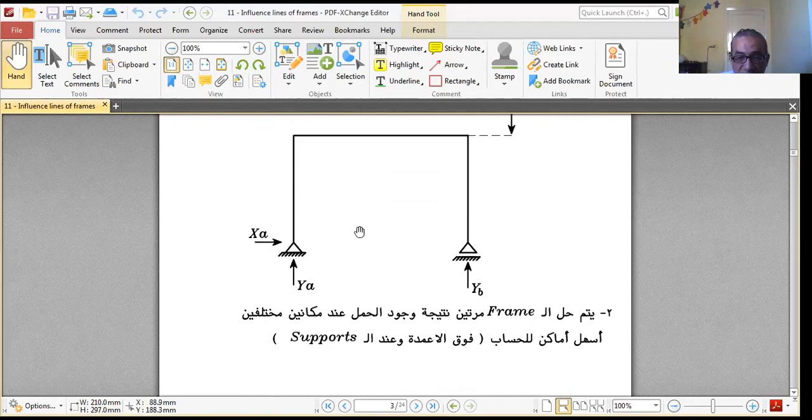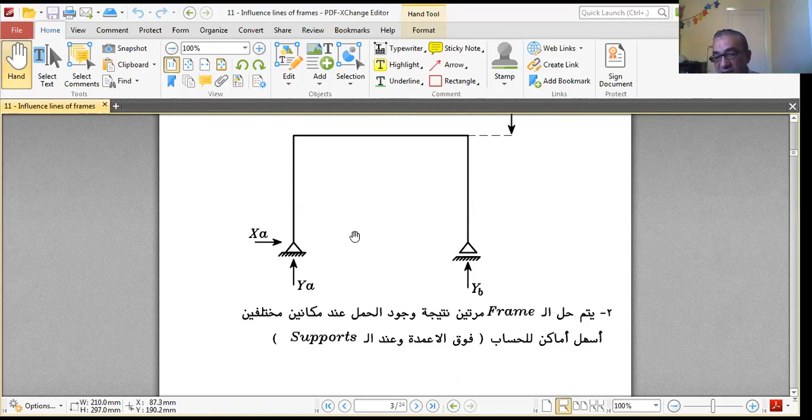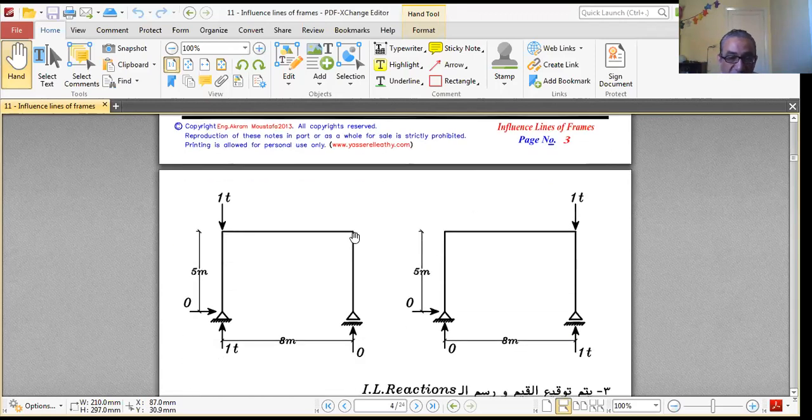Then solve the frame twice, for two different locations of the load. The easiest is to calculate above the columns or above the supports. So in one case put the load on the top of the left support, and in the other case put the load on the top of the right support.